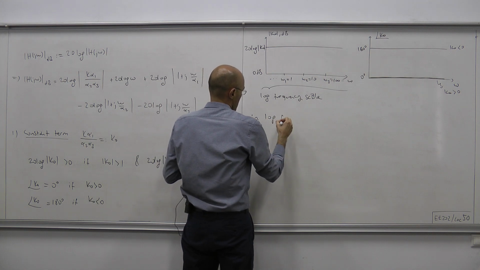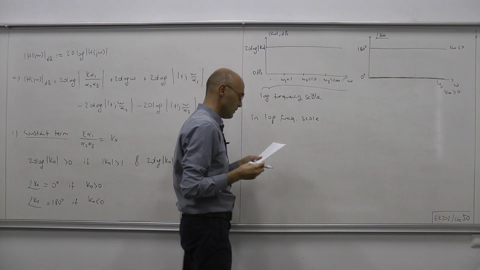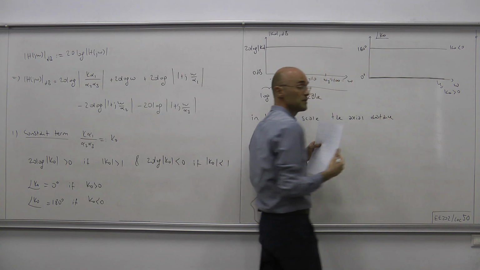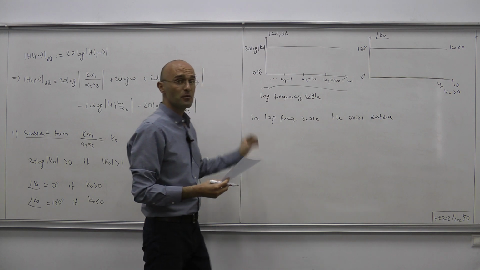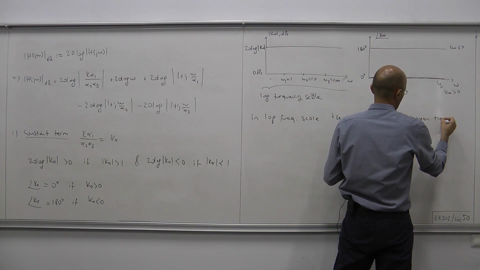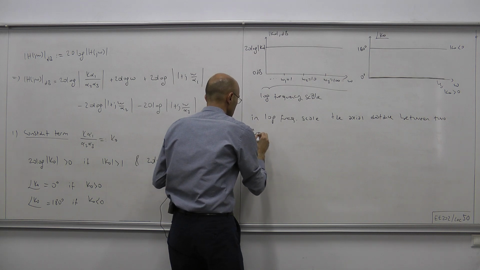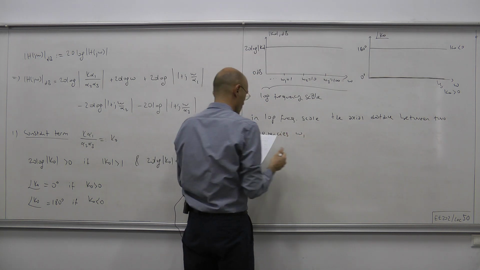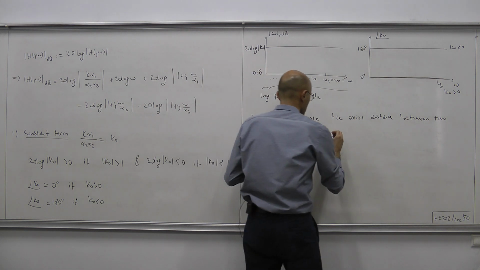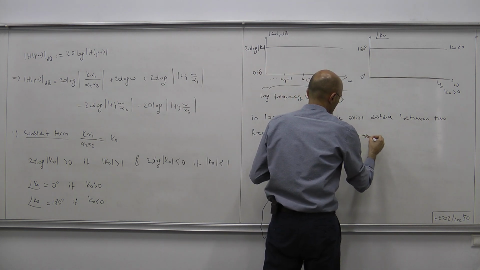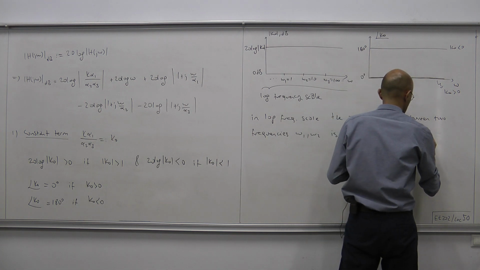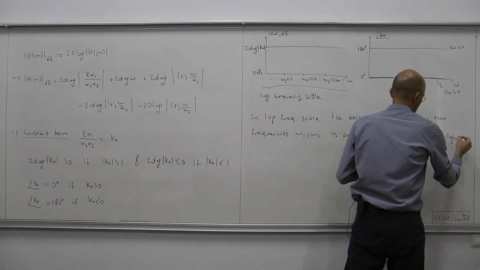In log frequency scale, the axial distance, that is the distance that we see with our eyes when the frequencies are marked, between two frequencies, omega 1 and omega 2, let's say, is proportional to log omega 2 over omega 1, which is log omega 2 minus log omega 1.